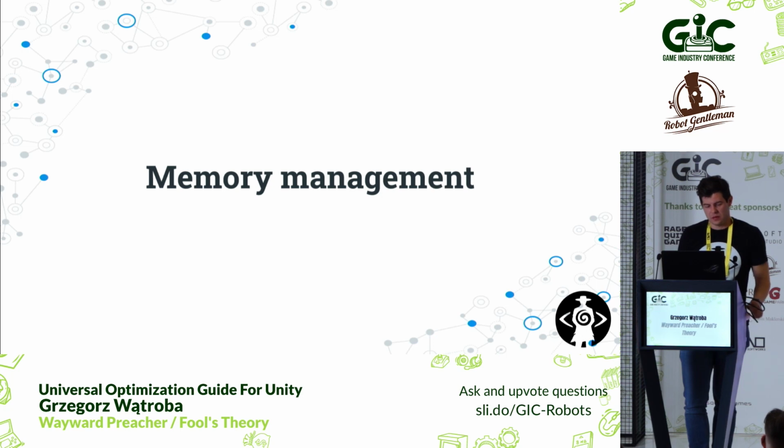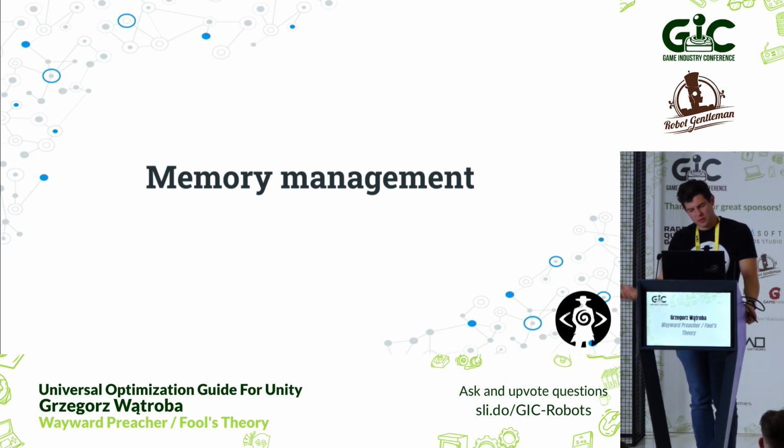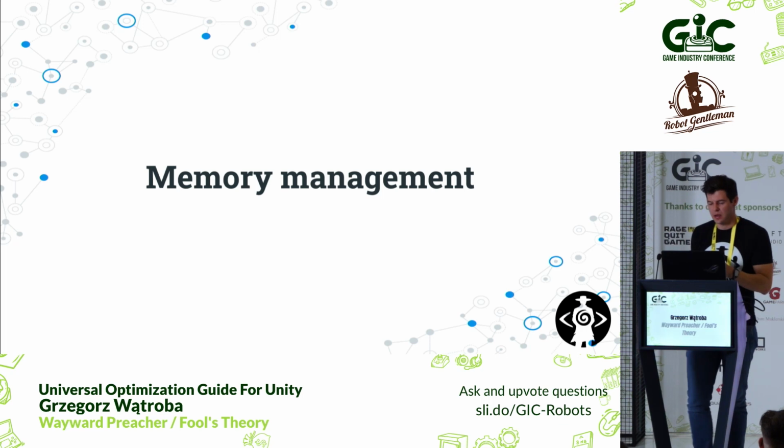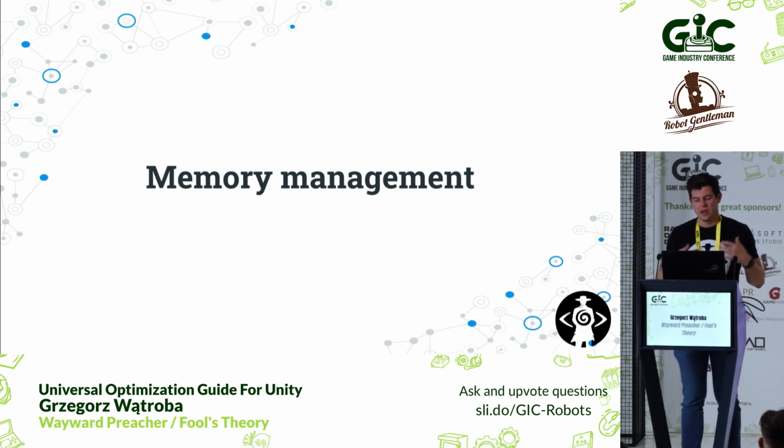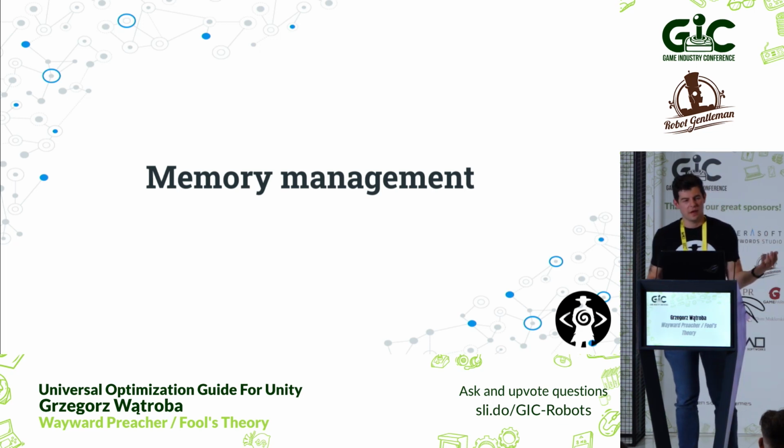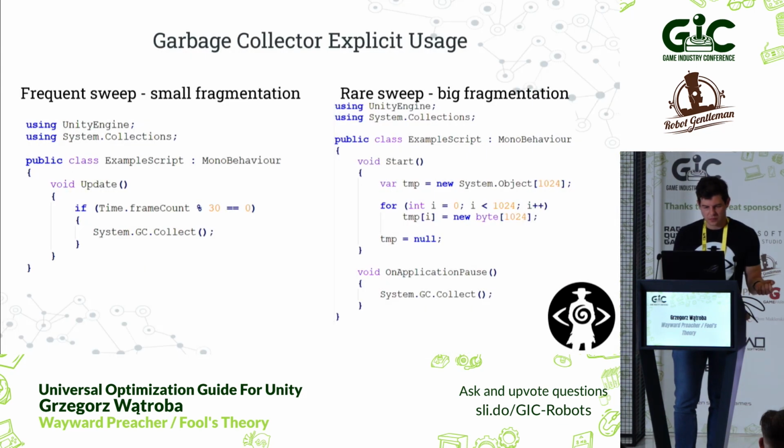All right, so to more specific things. Memory management. Optimizing your memory usage means being conscious when you allocate and deallocate managed heap memory, and how you minimize the effect of garbage collection.